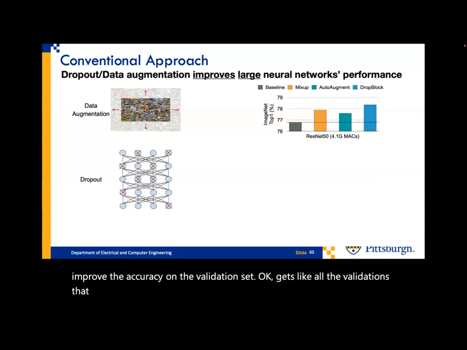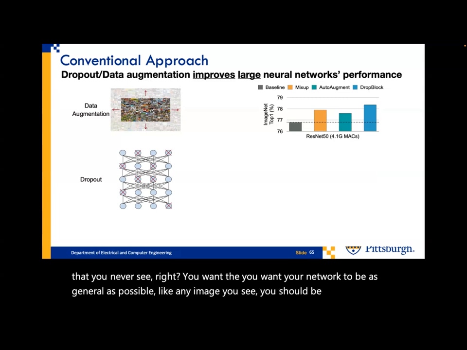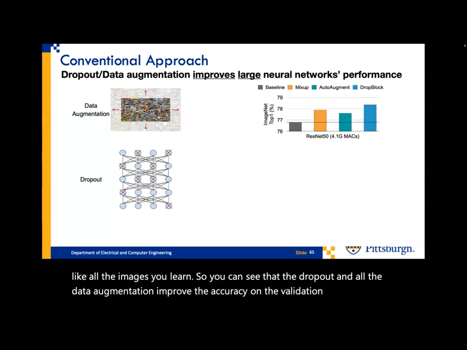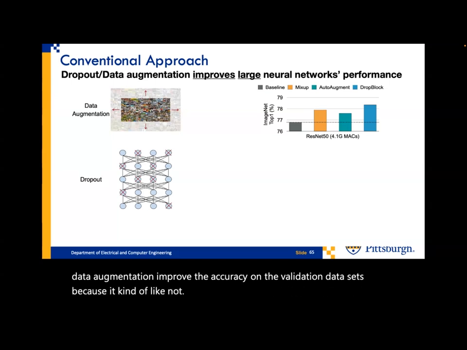You want your network to be as general as possible, able to handle any image you see, not just the images you learned. So dropout and data augmentation improve the accuracy on the validation data sets because the network is not using specific information, but more general image information.